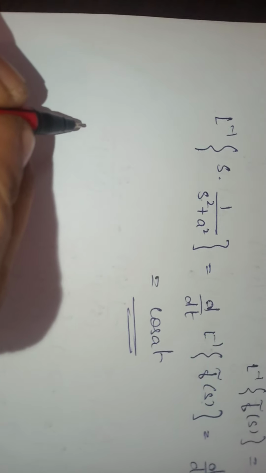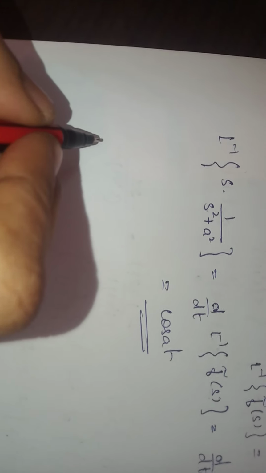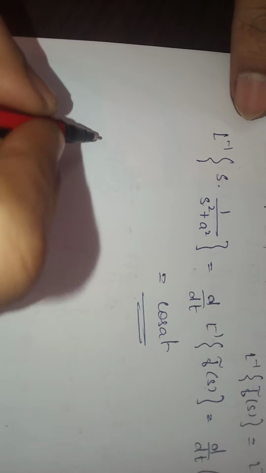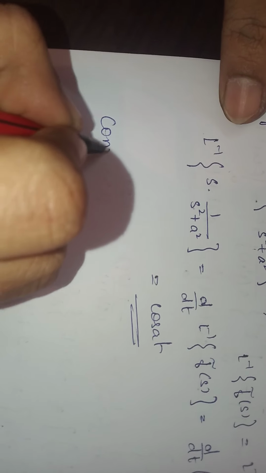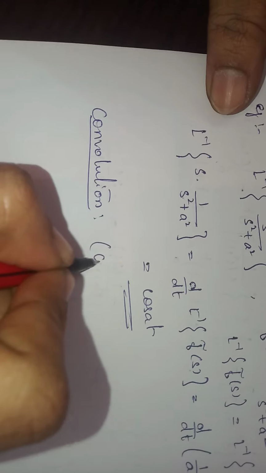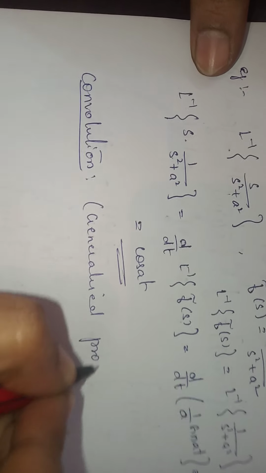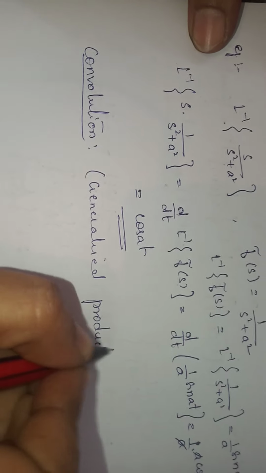Hello everyone. Today we are going to start with the convolution theorem in inverse Laplace transform. Before that, convolution is nothing but a generalized product of two or more functions.